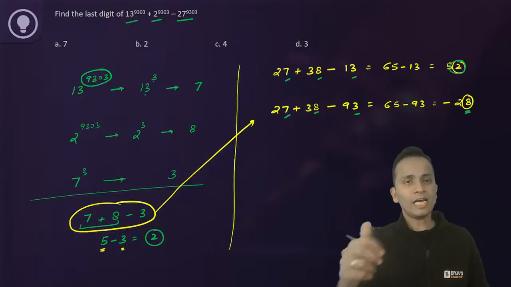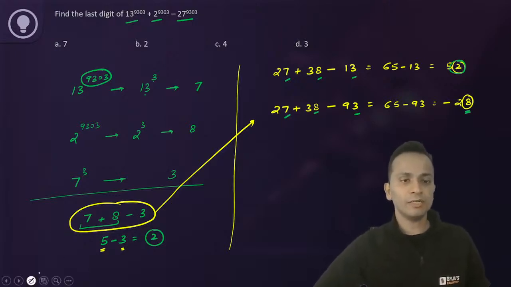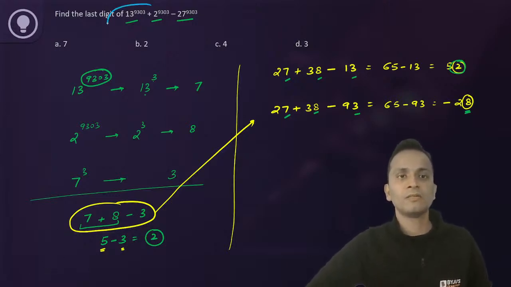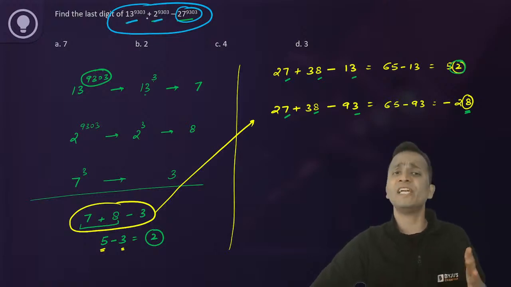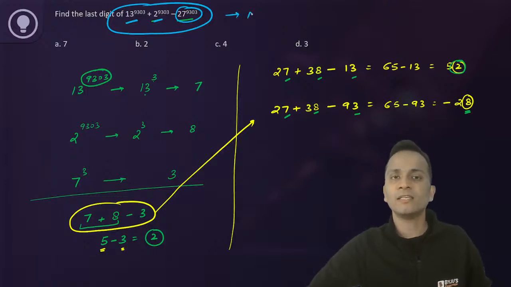Now, in our actual question, as you can see up there, 13 raised to the power something plus 2 raised to the power something minus 27 raised to the power 9303. I can say that this number is bigger than the sum of these two. Definitely bigger, it is clearly visible. So in this case, again, I can say that the result will be negative, not positive.